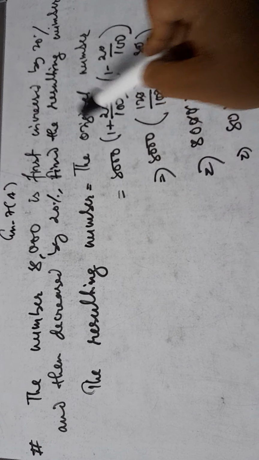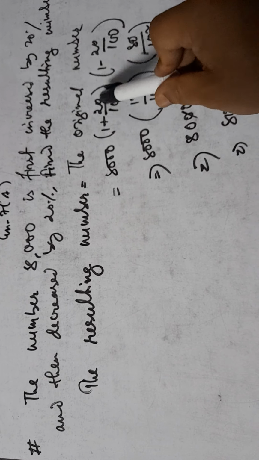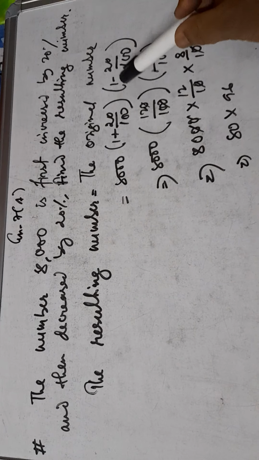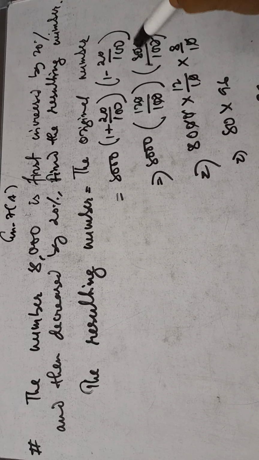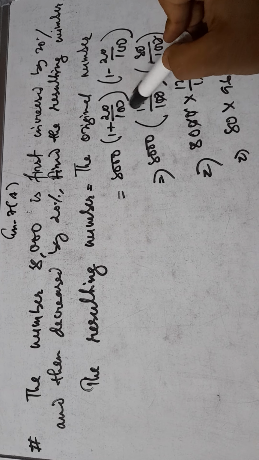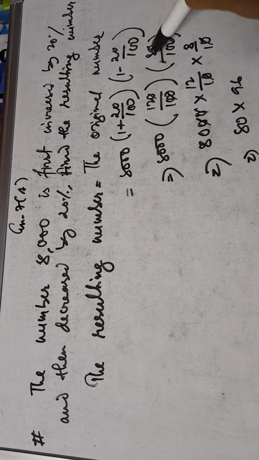First it is increased, so 1 plus 20 by 100, because increase means we have to add. And then it is decreased by 20%, that means 1 minus 20 by 100. So after doing this, we have 120 by 100, and after subtracting we have 80 by 100.